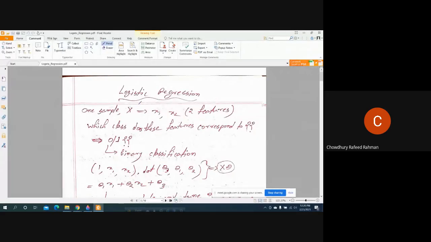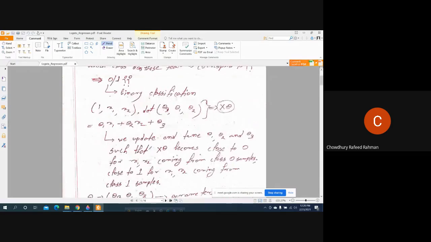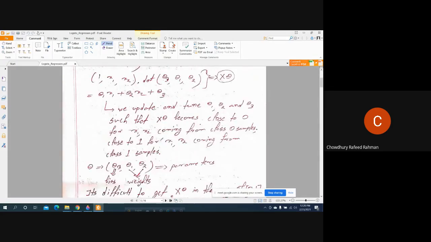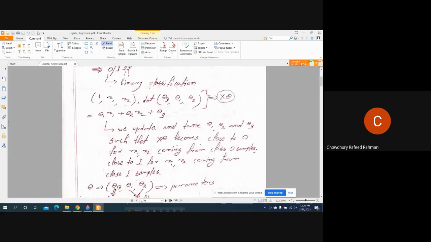Now, logistic regression is very, very important to understand the concepts of deep learning, because deep learning is somewhat an extension of logistic regression. If we can understand the algorithm behind this particular topic, deep learning will be easier, especially seeing how complex the architectures are.